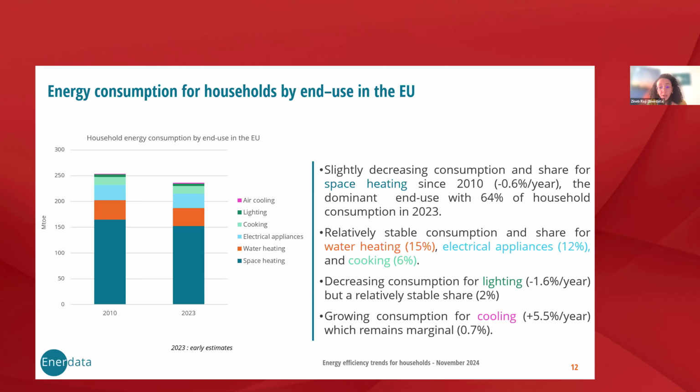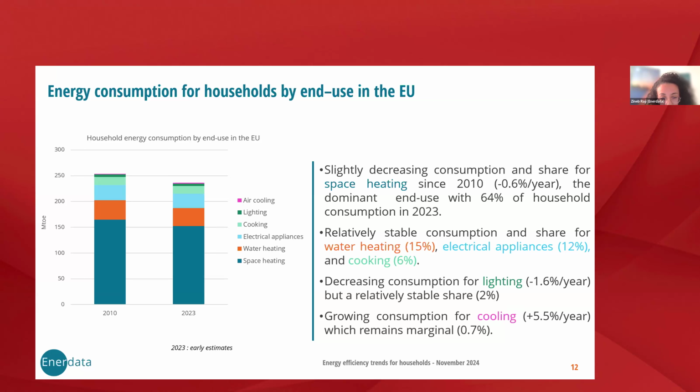In 2023, it represented 64% of household consumption, though the consumption has been slightly decreasing over the years at a rate of 0.6% per year. We can also observe a relatively stable share for water heating, electrical appliances, cooking, and lighting.